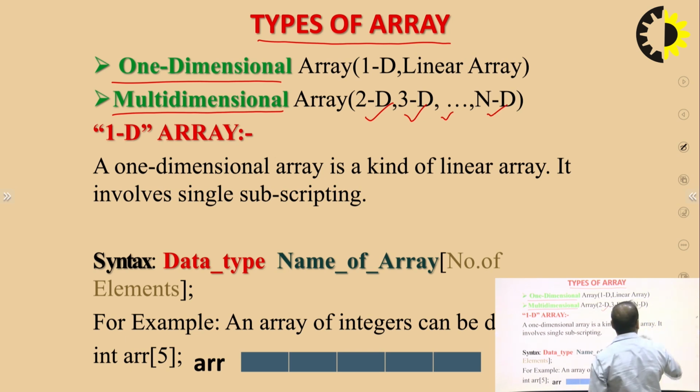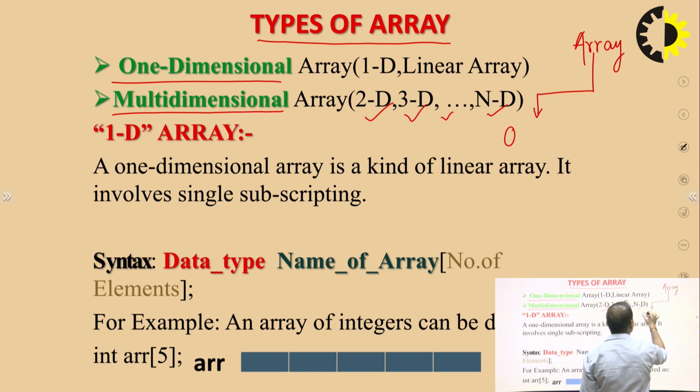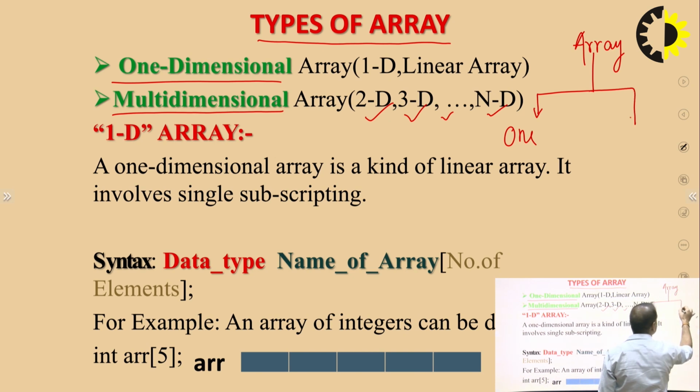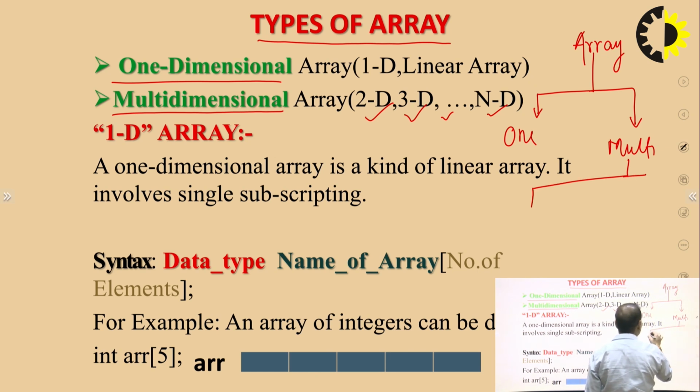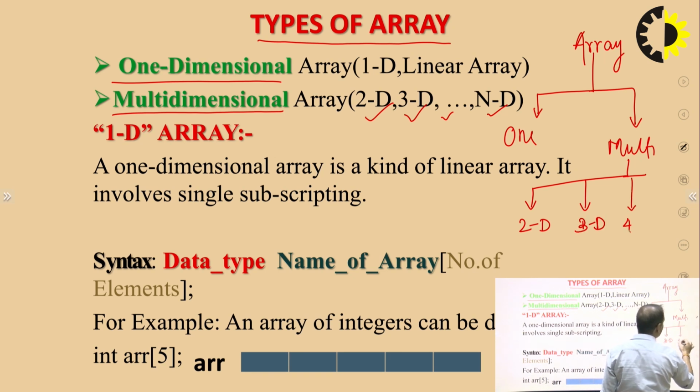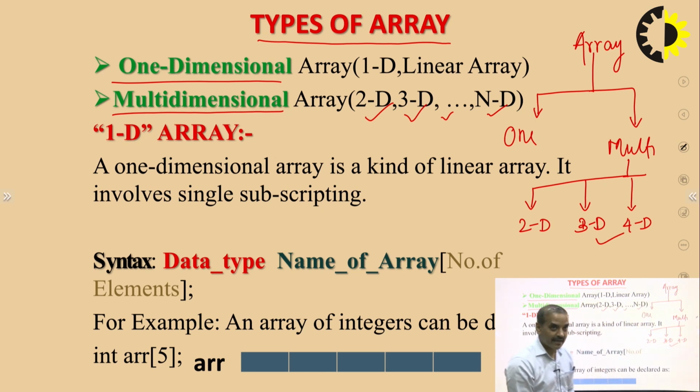That means arrays have two classes: the first is one dimensional and the second is multi-dimensional. Multi-dimensional is also divided into different parts, 2D, 3D, 4D, etc. These are the types of array.